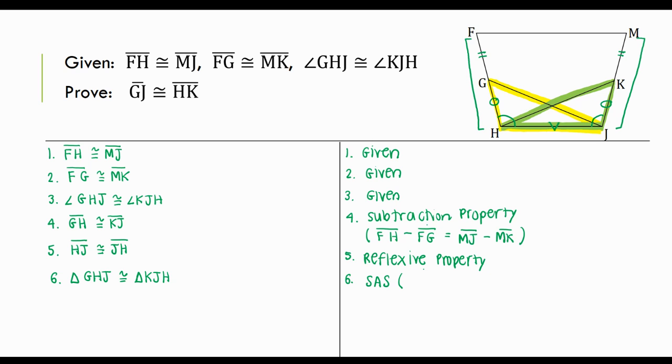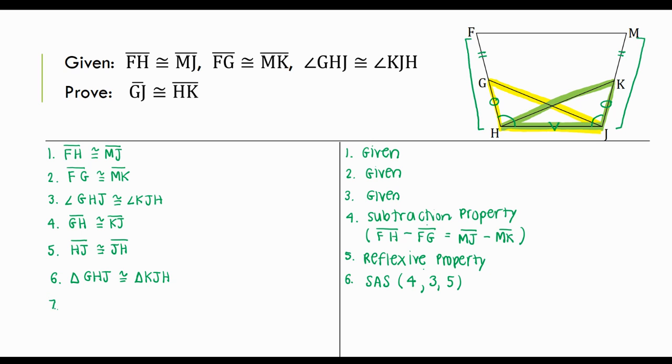Remember, both of those given pieces of information were not sides of the triangles I was trying to prove congruent. It took until step number 4 where we had to subtract them. That's where our first set of congruent sides for the triangles were. My congruent angles came from step number 3. And then step number 5 with the reflexive property got me the other set of segments to be congruent.